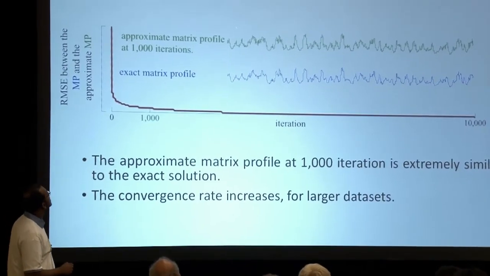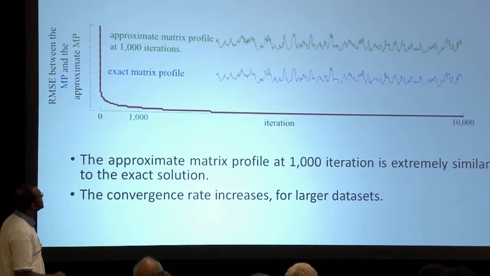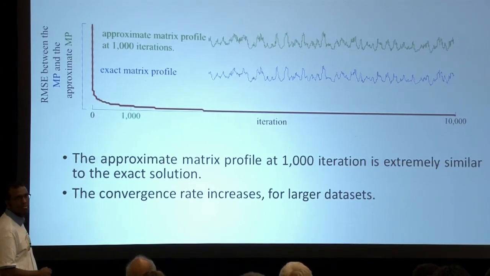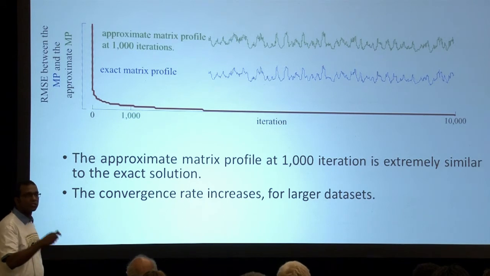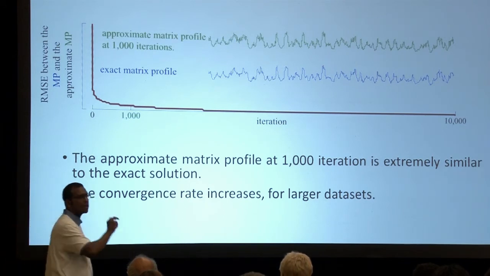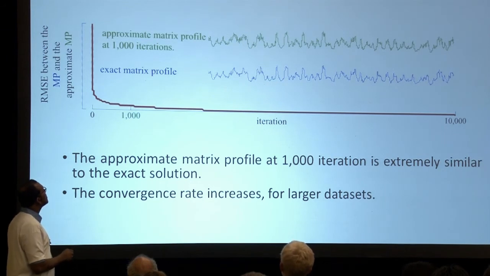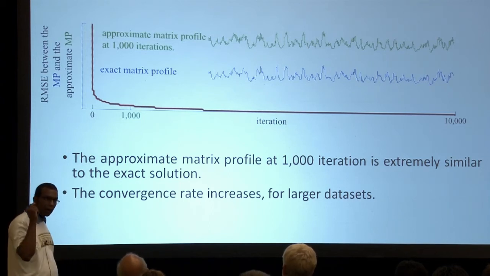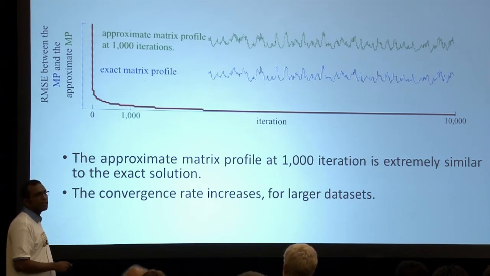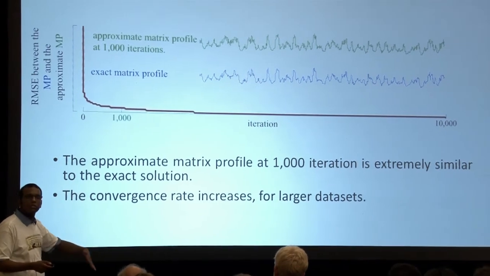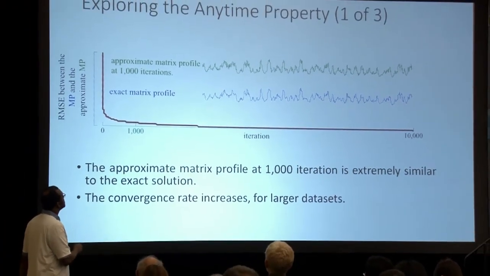So let's say this is the exact matrix profile of a time series. And we have the iteration on the x-axis. As we pick a random row, calculate the distance profile, and take the minimum, we calculate the root mean squared error between the approximate matrix profile and the final output matrix profile. And naturally, the error goes down and down. Initially, the error is high, and it goes down and down.